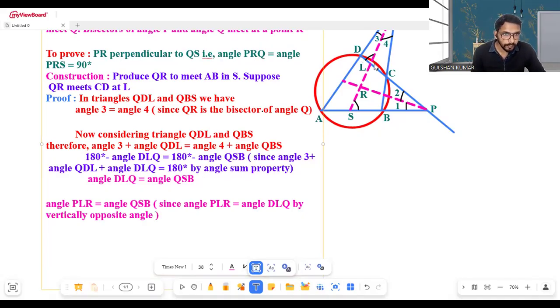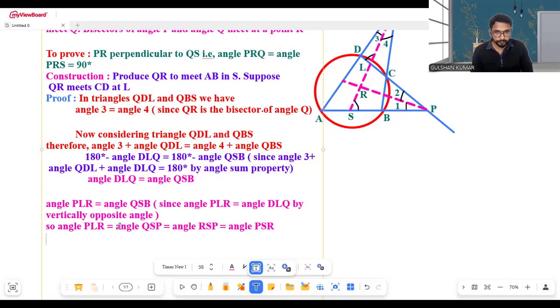This angle and this angle will be equal. So angle PLR equals angle QSP equals angle RSP equals angle PSR.